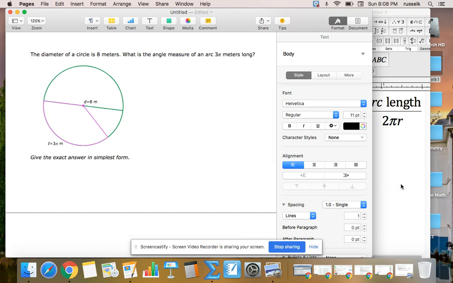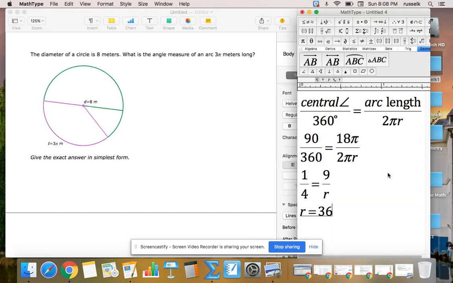And the last example, once again, we want to start by filling in what we know. This time they ask us to find the angle measure, so that's what we're trying to find. So the central angle measure will be what we leave as x over 360 equals our arc length.